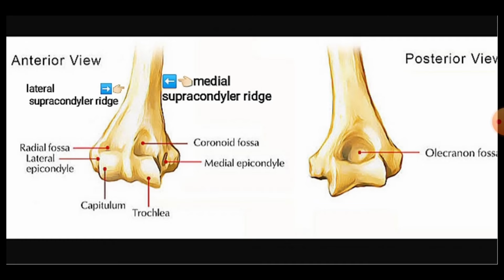The capitulum is a rounded projection which articulates with the head of the radius. This is the trochlea. It is a pulley-shaped surface. It articulates with the trochlear notch of the ulna.